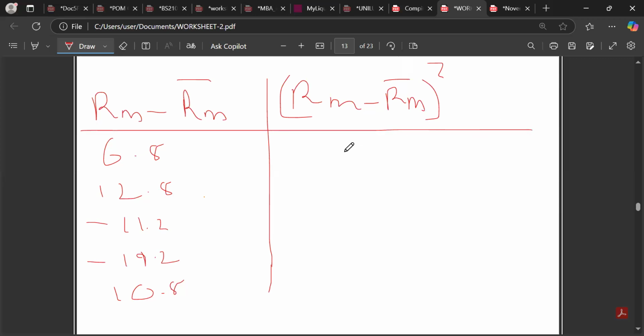What are we getting after squaring them? 6.8 squared gives 46.24.